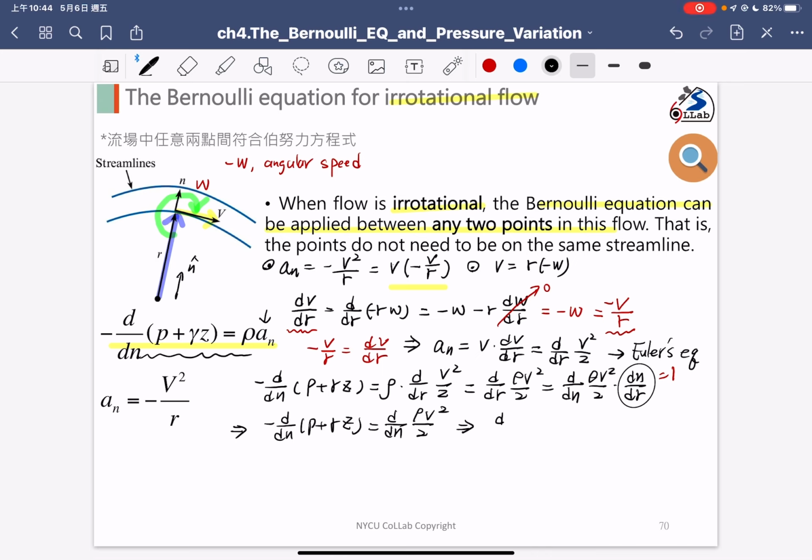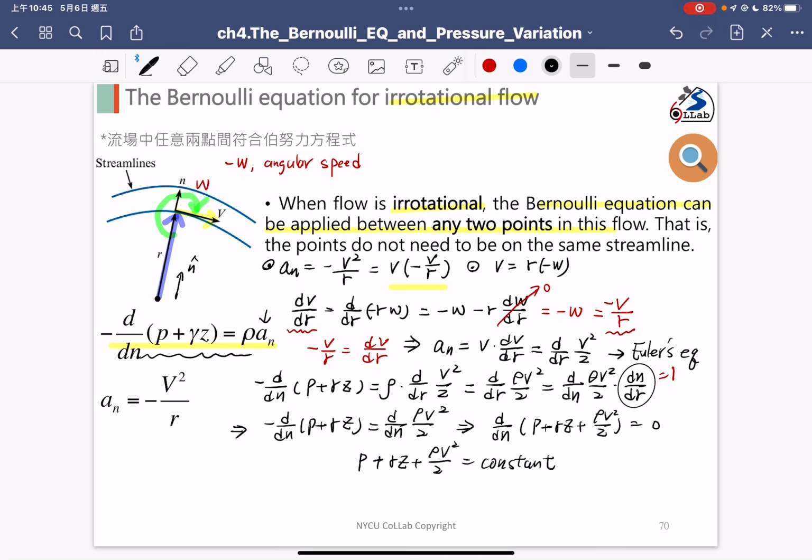So finally, we know that d/dn of (P plus gamma Z plus 1/2 rho V squared) is equal to 0. And we can conclude that P plus gamma Z plus 1/2 rho V squared is equal to a constant.